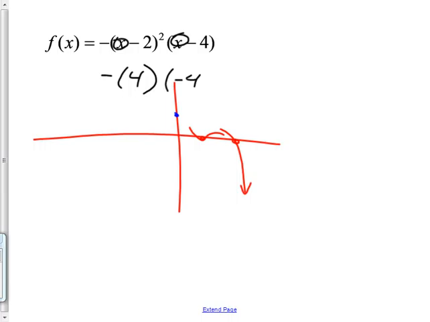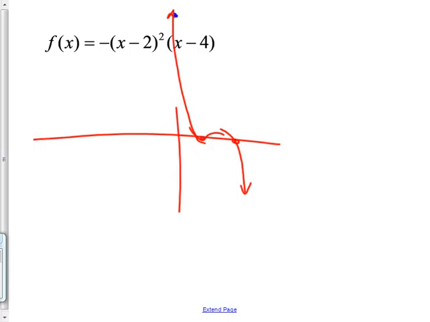Minus 4. 4 times 4, positive 16. Negative 4 times negative 4 is positive 16. Okay, so it touches at positive 16. So holy cow, it touches way, way, way up. So this is a very steep line is all that's saying. Does your sketch look kind of like that? All right.